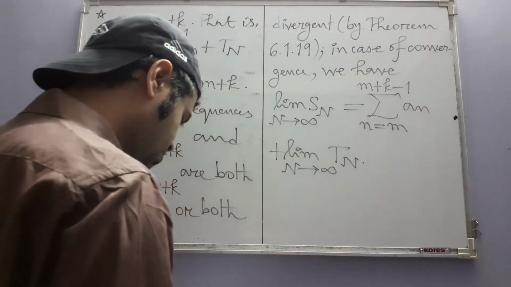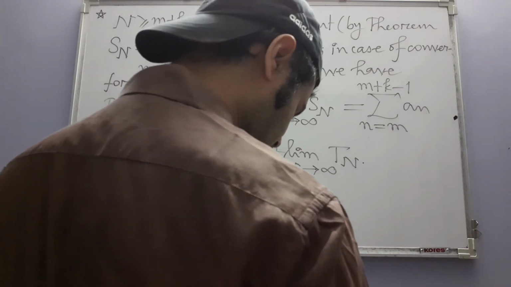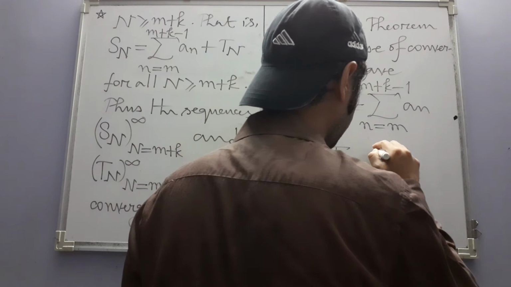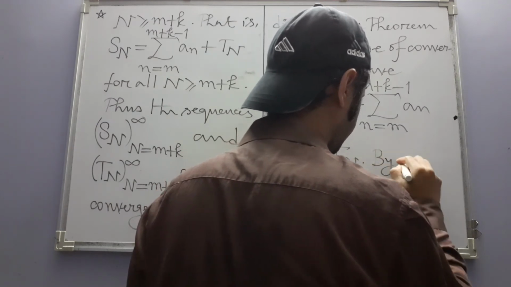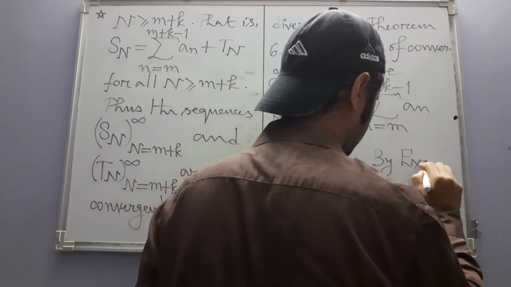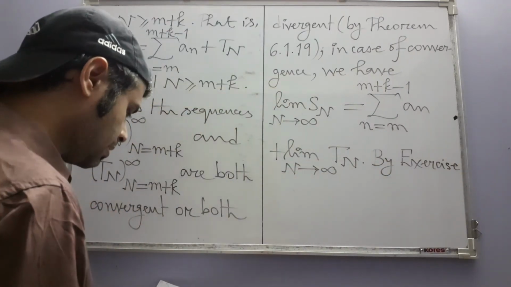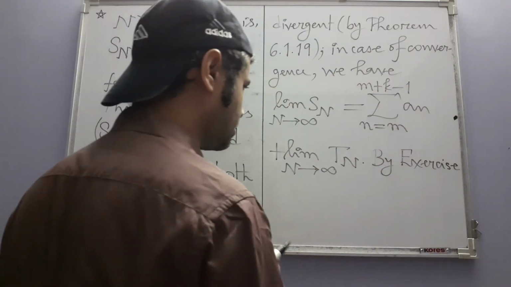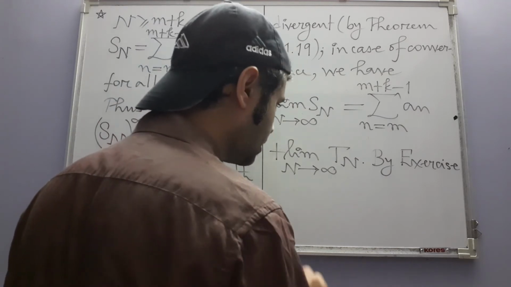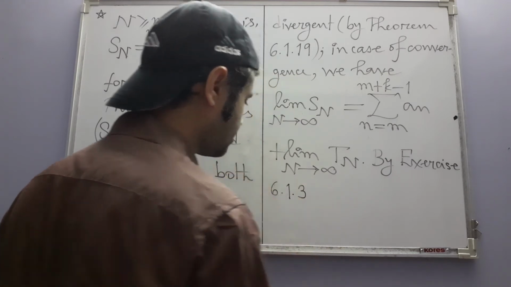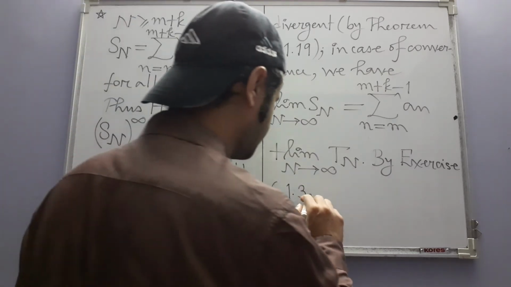And in fact, we proved this fact in one of the exercises which I luckily have here, that the first few terms of a sequence do not affect its convergence or its limit. Exercise 6.13.